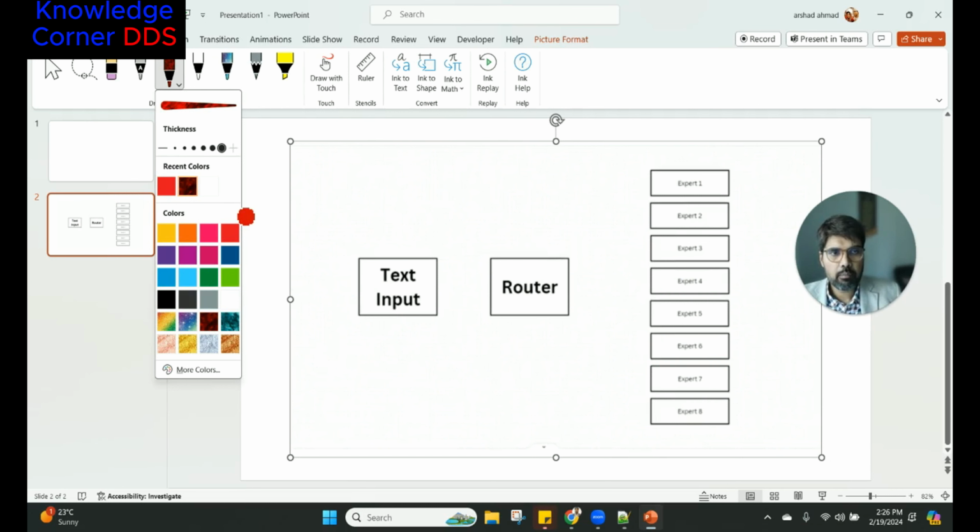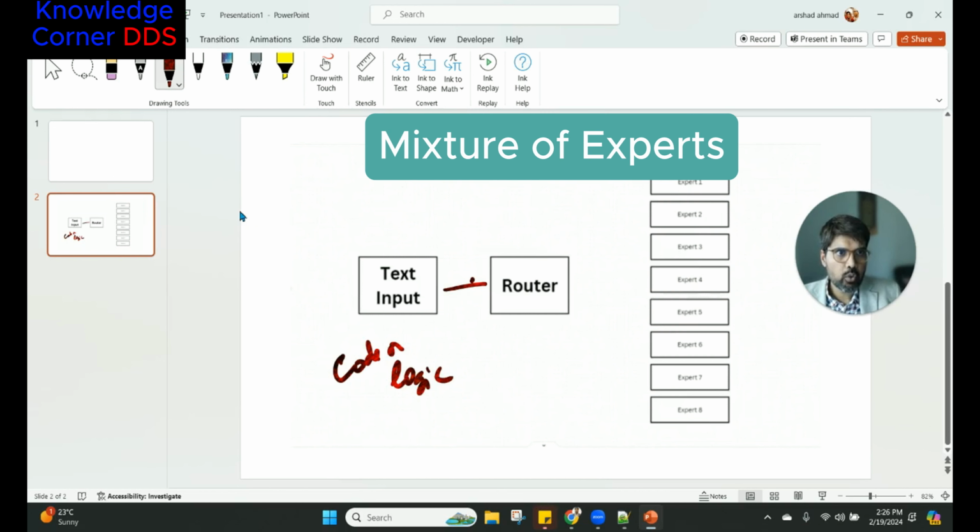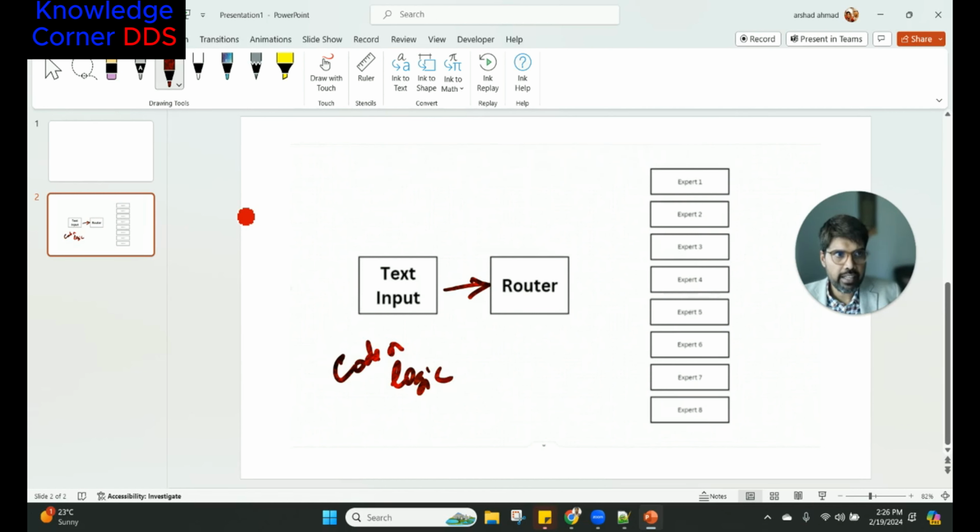Suppose you are giving an input, say a code logic, and that logic goes to a router, and the router decides. There is a list of 8 experts here.